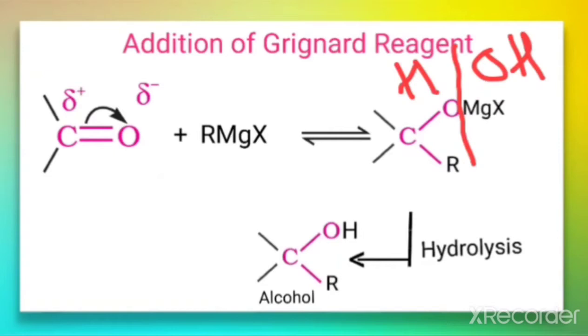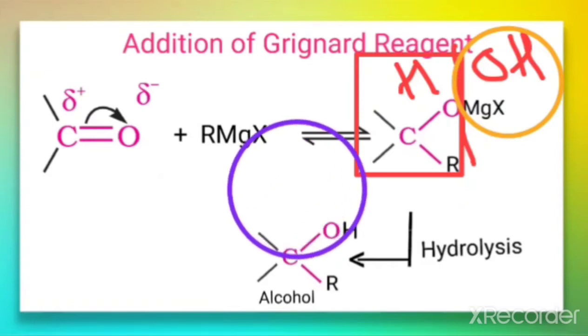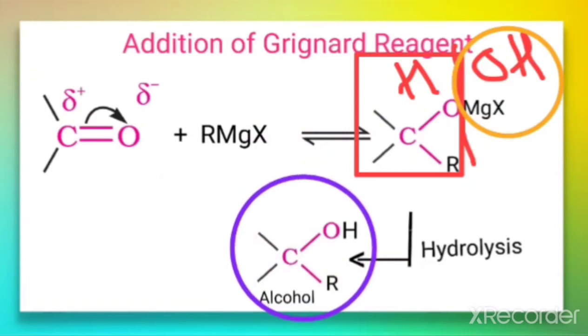This side together will be one product, and the other product will be MgOHX, the side product. So what is the main product formed here? That is actually the alcohol, which is the main product formed here.